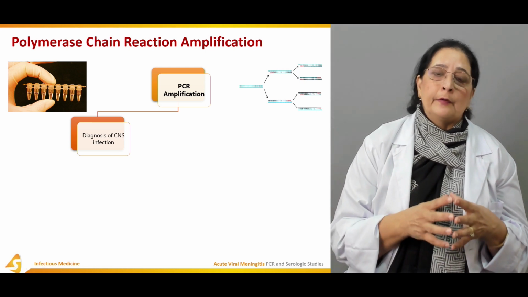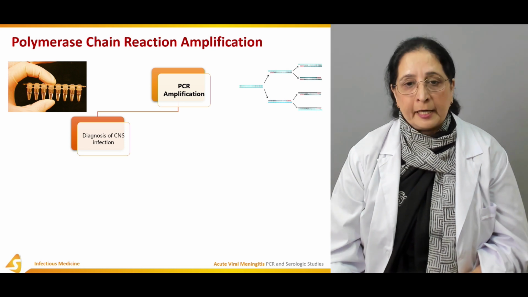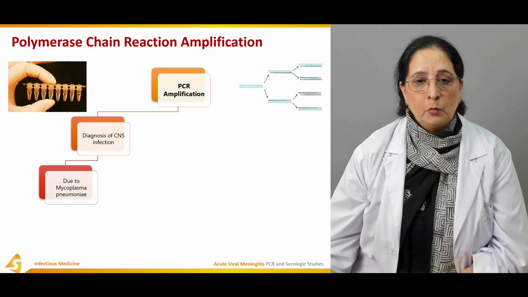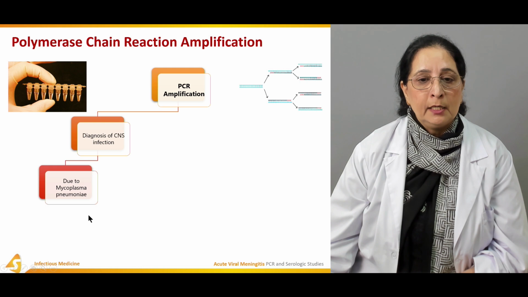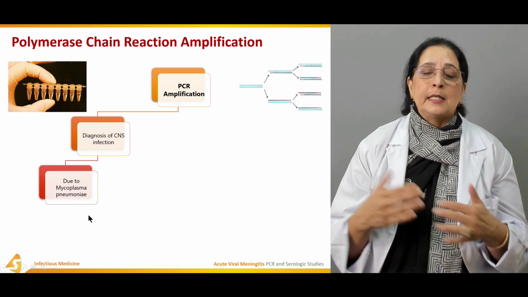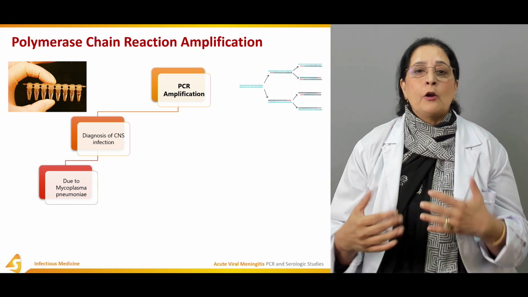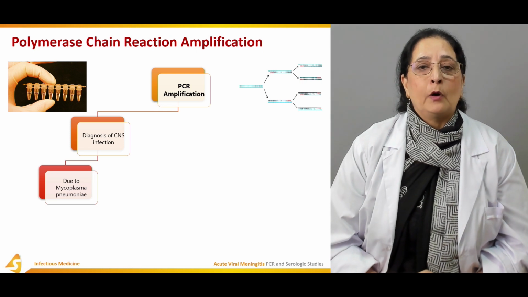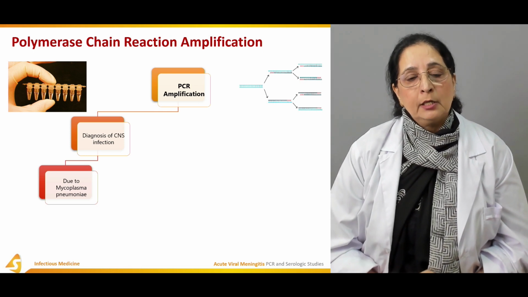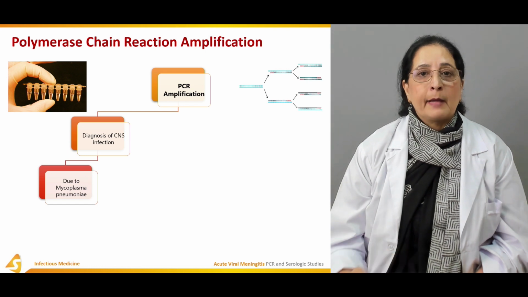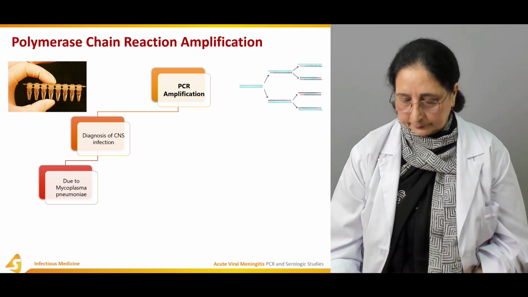Meningitis is a type of central nervous system infection we have due to Mycoplasma pneumoniae. So some microorganisms other than the viruses can also be diagnosed by polymerase chain reaction amplification, like Mycoplasma pneumoniae.